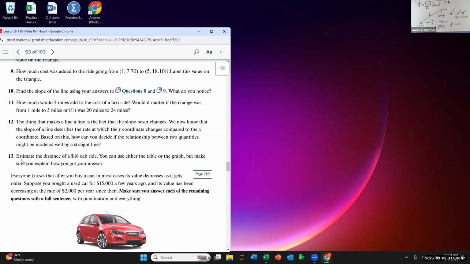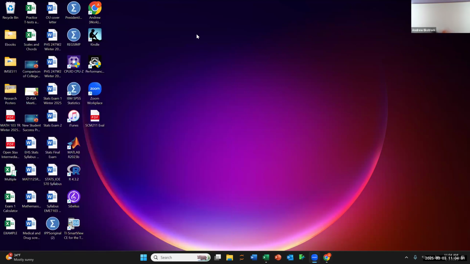Then looking at this number 13 here, it says estimate the distance of a $16 cab ride. So again, if we're using the formula that we had before, you know that we've got cost.